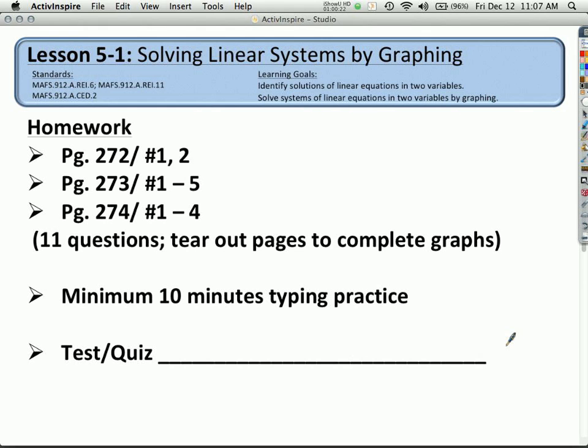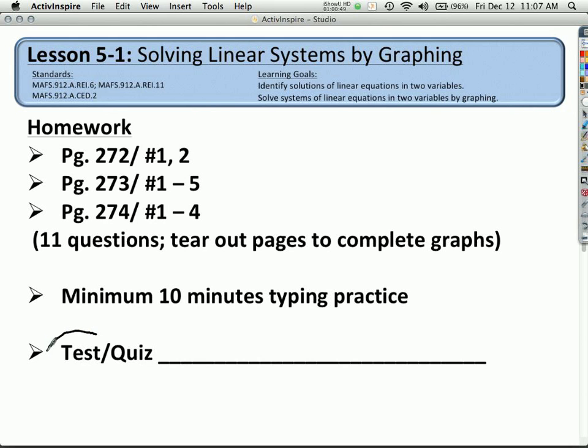That's 11 questions, and I would like you to tear out the pages from your book and do the graphs on the pages, but you need to do the work. You need to show me the work. You need to show me if it's a graph that was in standard form, if the equations were in standard form, and you need to do intercepts, I want to see the work. You need to check. I want to see the checks.